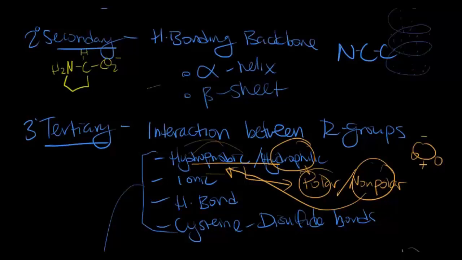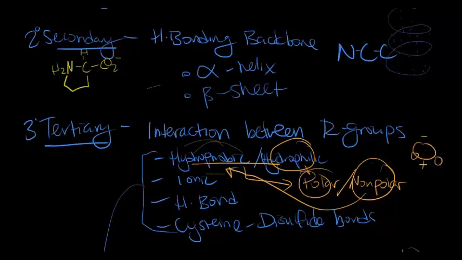Notice that secondary structure is determined by hydrogen bonding in the backbone, that's the oxygen of one amino acid interacting and making a hydrogen bond with the amine, actually the hydrogen, of the other.